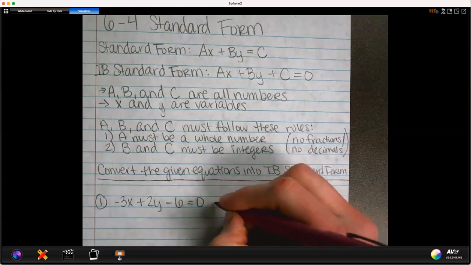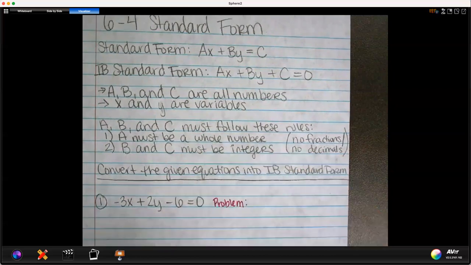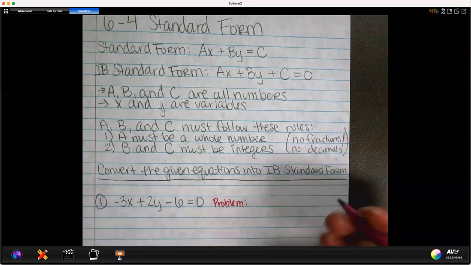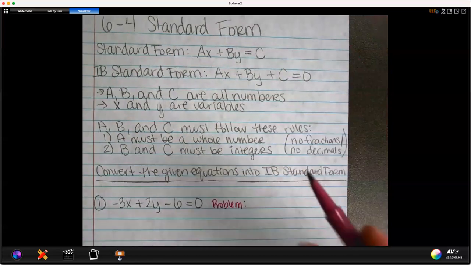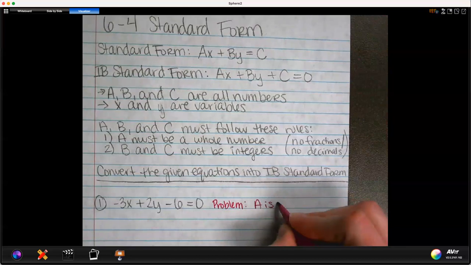So with my first color, I'm going to list what is the problem. What is causing an issue for this to be an IB standard form by the rules above. Okay, William. Correct. 3 is negative, so therefore the issue is that A is negative.